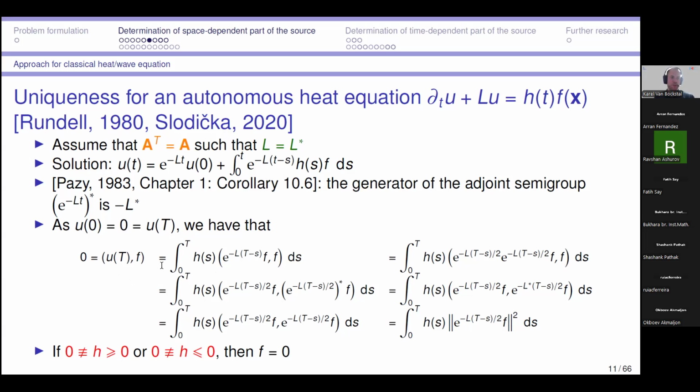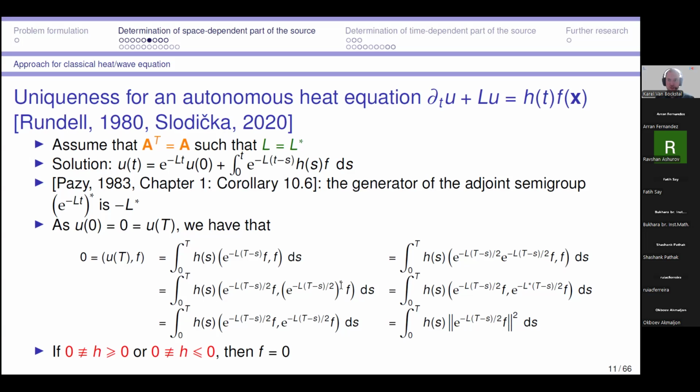We take the scalar product of u(T) with f, which gives this integral. Then from the semigroup property, we go to this equality.